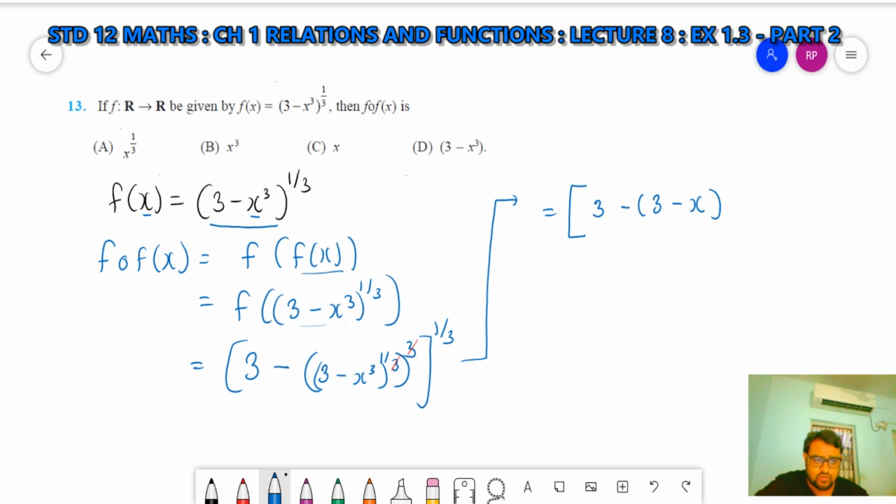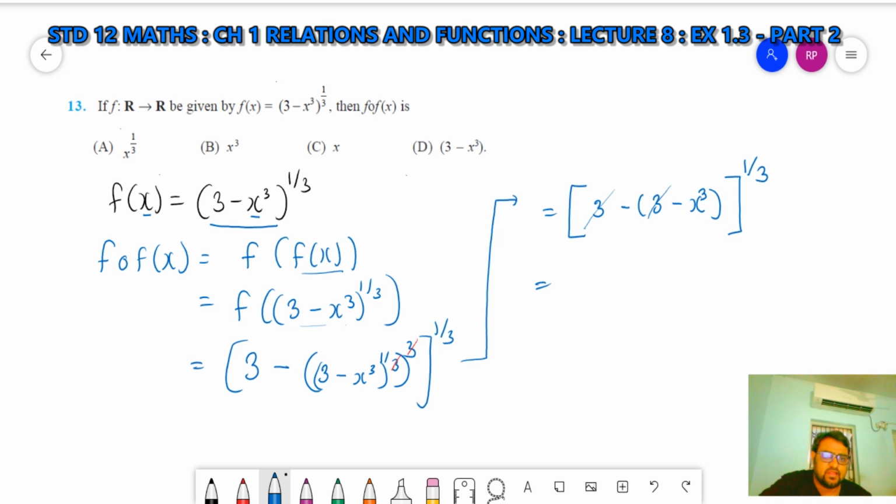Now 3 minus 3 will get cancelled, minus minus plus x. Here there is a mistake, it's x cube. Clear?